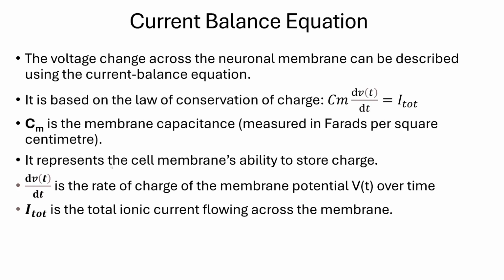The membrane capacitance represents the cell membrane's ability to store charge. We also have the derivative, which is the rate of change of the membrane potential over time, and their multiplication equals the total ionic current flowing across the membrane. This is membrane capacitance multiplied by the rate of change of the membrane potential over time equals the total ionic current.